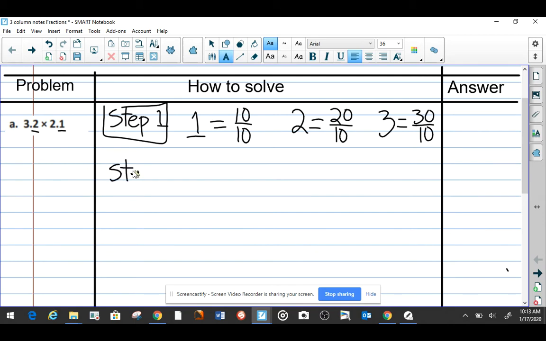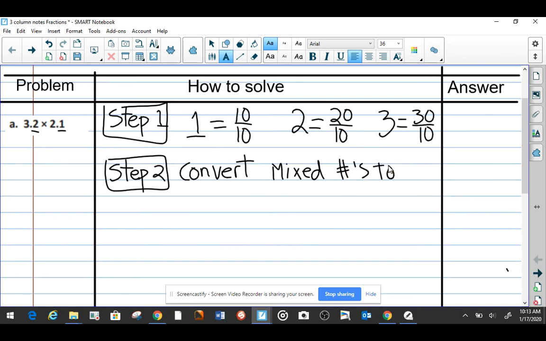Step number two, we're gonna convert mixed numbers to fractions. Yes, let's show that right now.